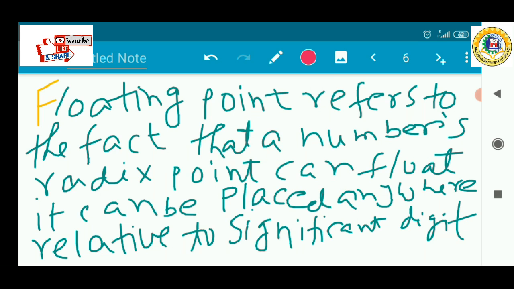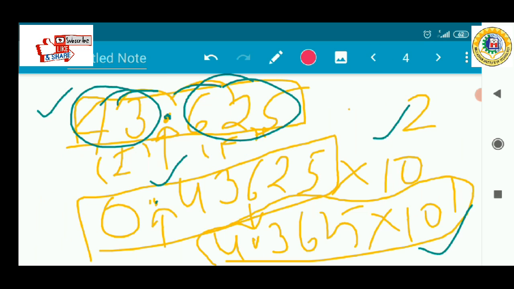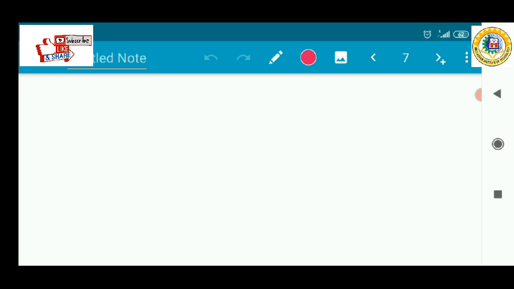Floating point refers to the fact that a number's radix point can float, it can be placed anywhere relative to the significant digits. So the definition says that we can move this radix point to the right hand side or to the left hand side, and then the exponent changes, okay. So that is the definition of the floating point.